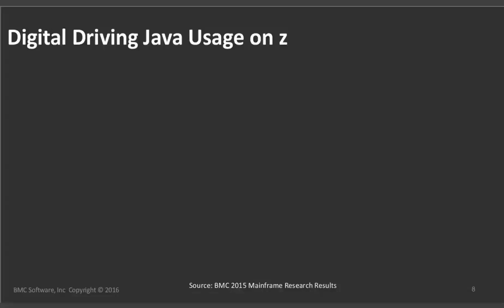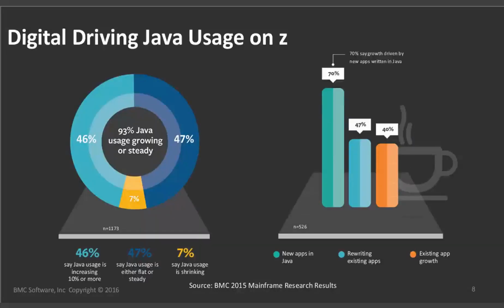So of those who said it was growing at 10% or more, you say, what's driving that growth? 70% say it's driven by new applications written in Java running on the mainframe. And half of them say they're rewriting their existing applications to go to Java.